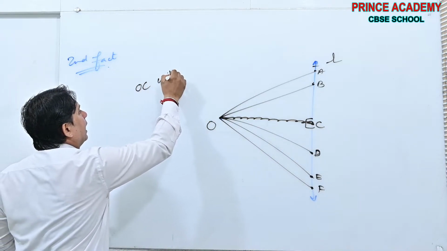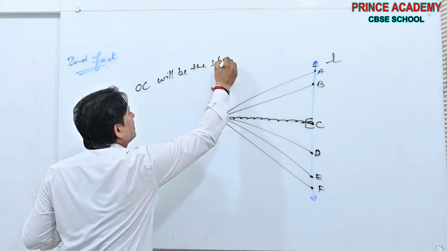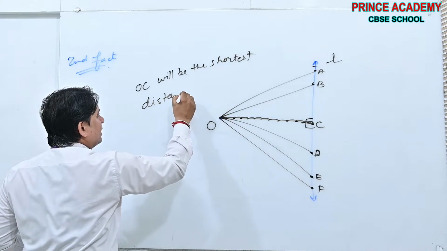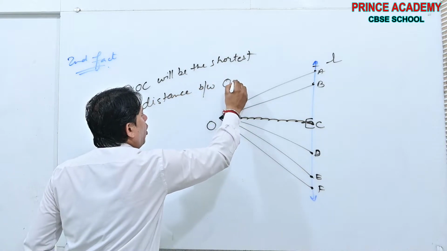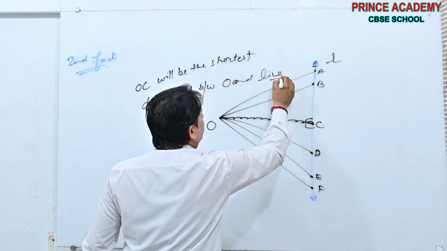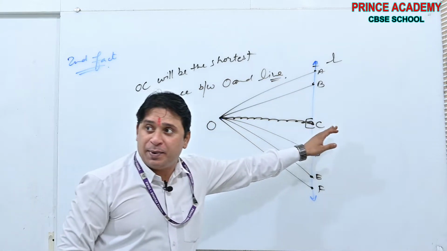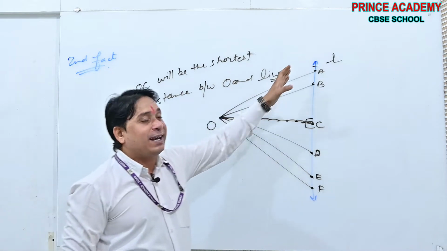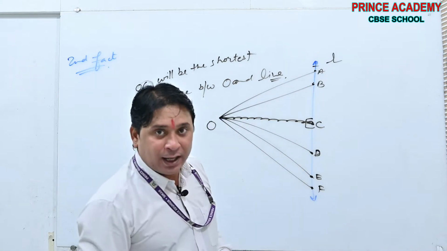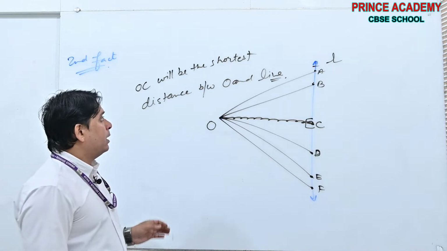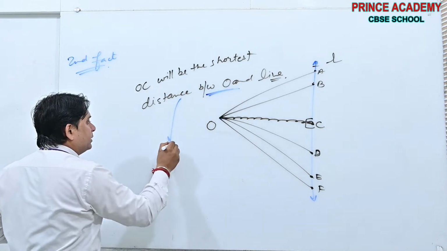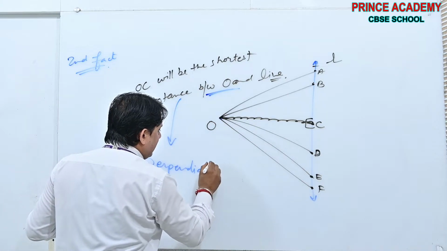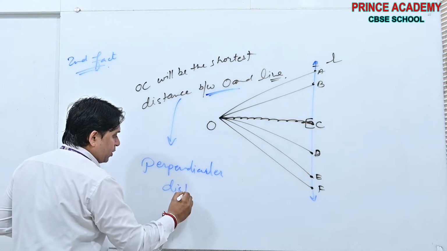OC will be the shortest distance between O and the line. Yes or no? See beta, OC will be the shortest distance between O and the line. You got my point? Done? Why? This is the perpendicular distance. Perpendicular distance. Yes or no?